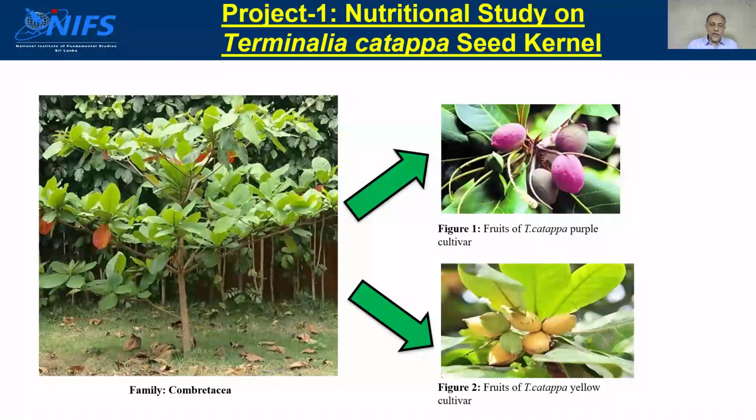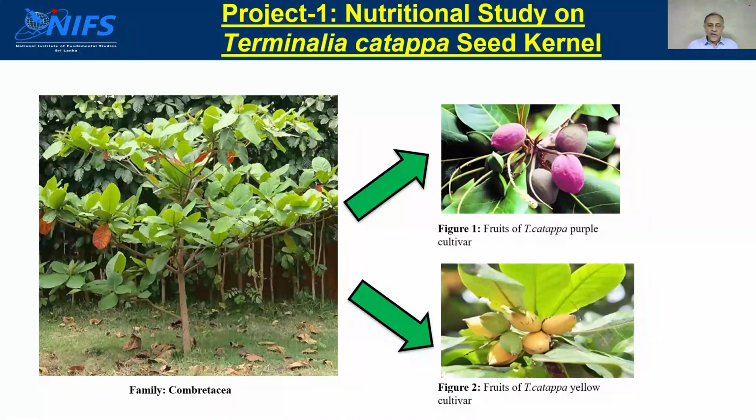First of all, we would like to focus on project 1. In this, we are going to discuss Terminalia catappa as an underutilized plant. This plant is widely distributed in Sri Lanka, and it sheds thousands of metric tons of fruits annually, which go to waste without any usage or value addition.